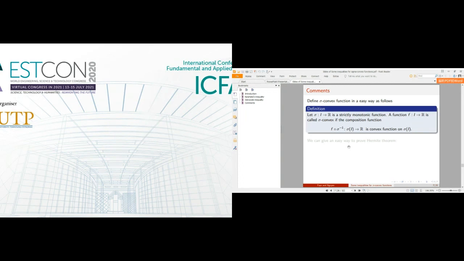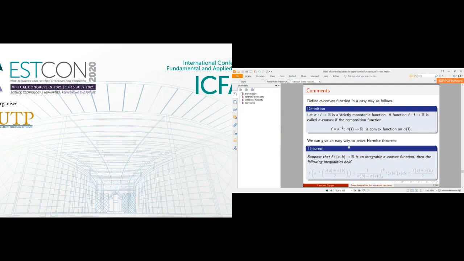If you define it this way, we can easily prove Hermite's theorem like this. Suppose f from the interval [a,b] to R is an integrable sigma convex function, then the following inequality holds.